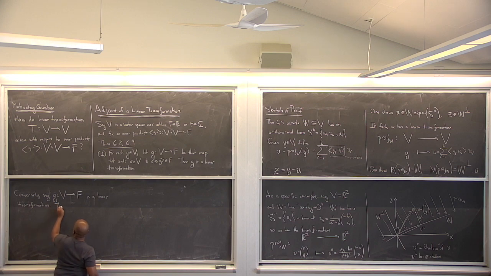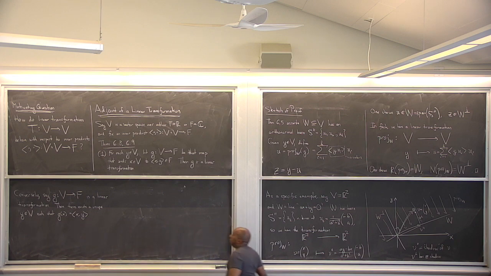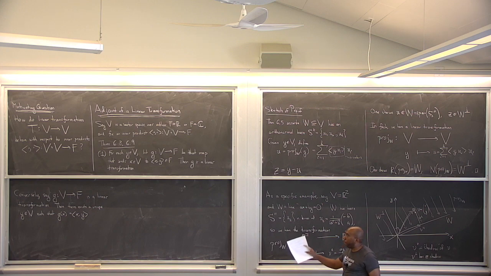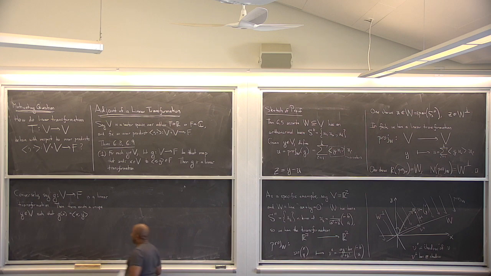Then there exists a unique y such that G of x is this inner product of x and y. So every linear transformation from V to F, not V to V, but V to F, in this case, is uniquely determined by this element y. Right? And I'll try to give an example in just a minute.